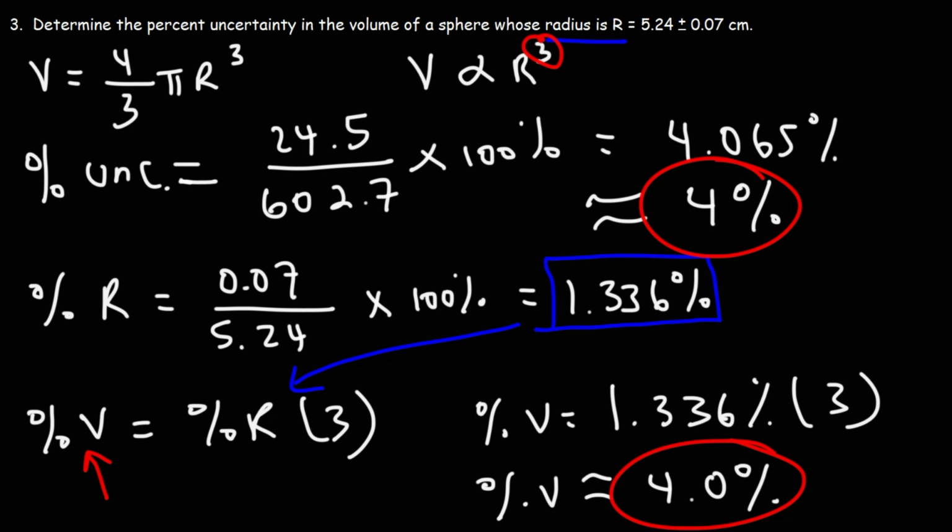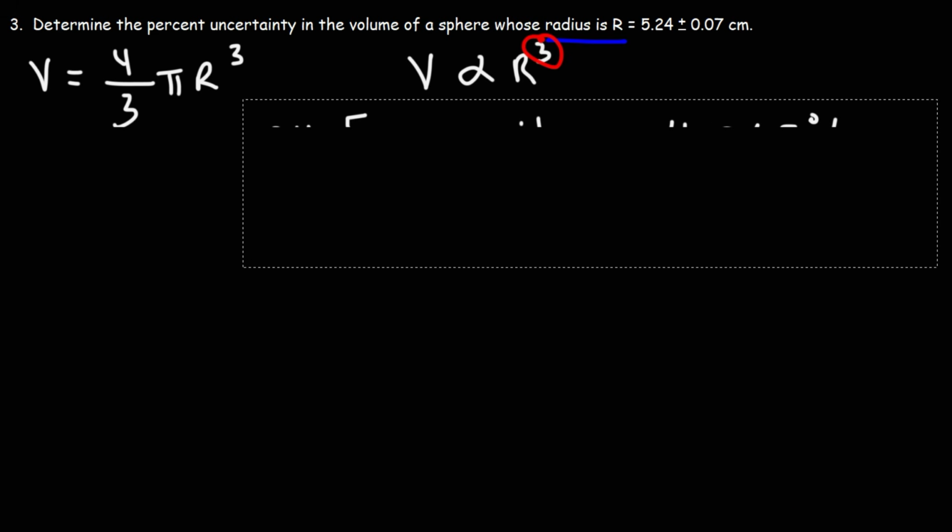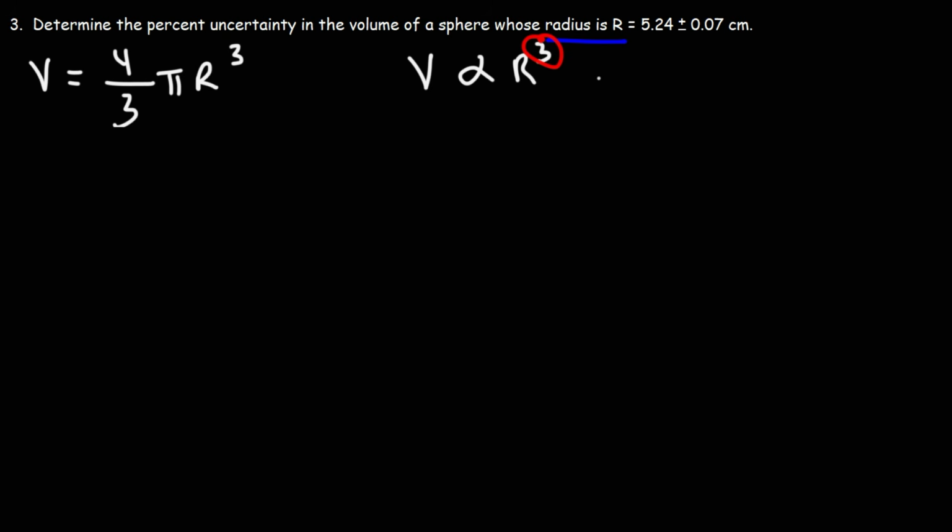Now let's take a moment to explain why this works. Why we could simply multiply it by 3 based on the exponent. Now this is going to involve calculus for those of you who might be interested. If you're not, don't worry about it. Just know that you just got to pay attention to the exponent.